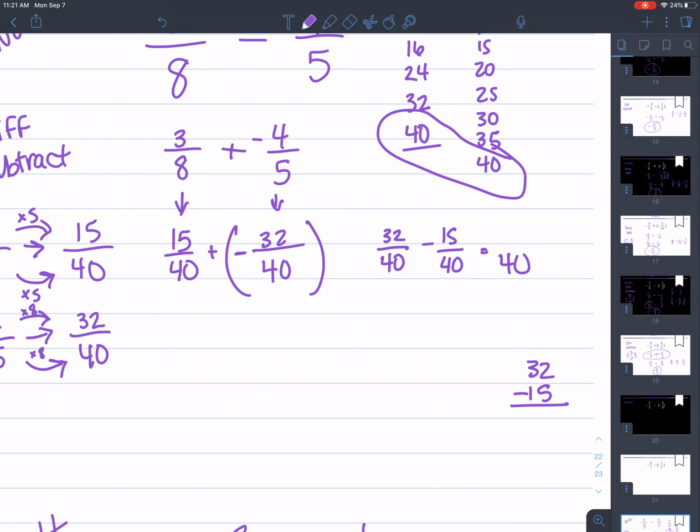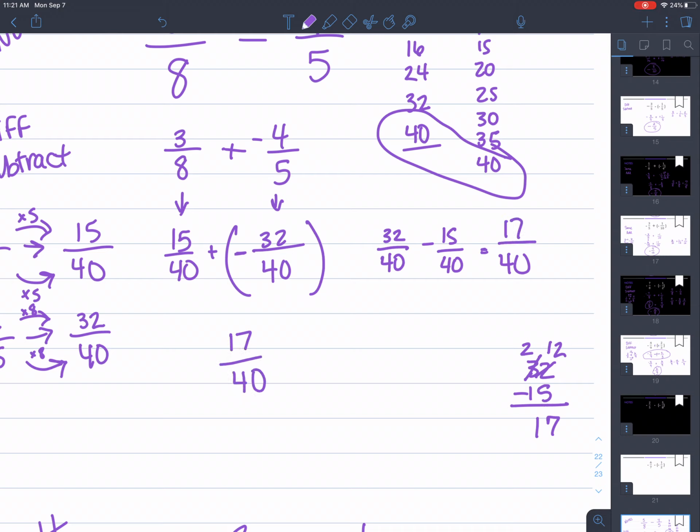We know that 2 minus 5 is not going to work. It's going to end up in a negative number. So we're going to borrow from the 10s and add 10 to our 1s column. So now we have 12. 12 minus 5 is 7. 3 minus 1 is 2, so 17/40ths is our answer.